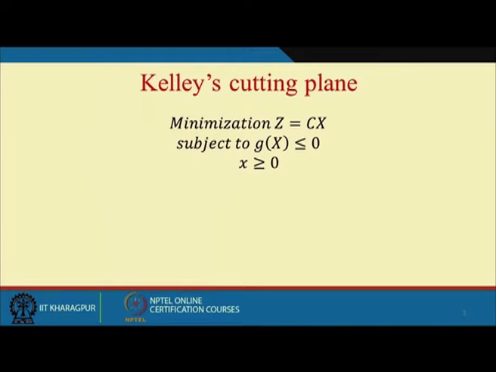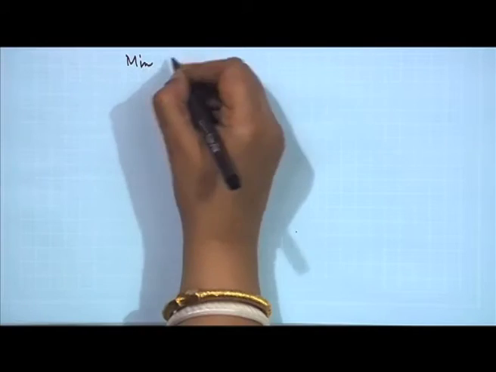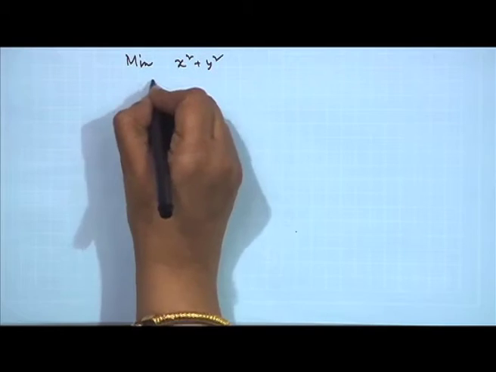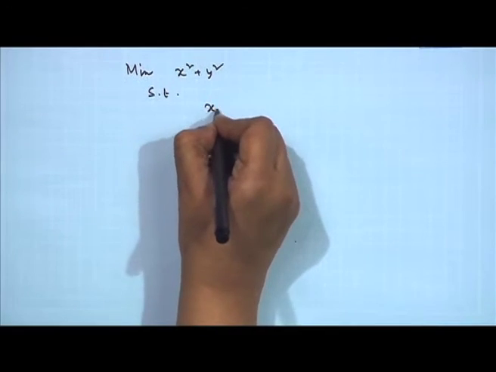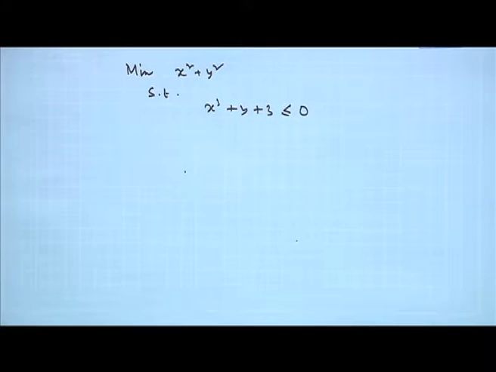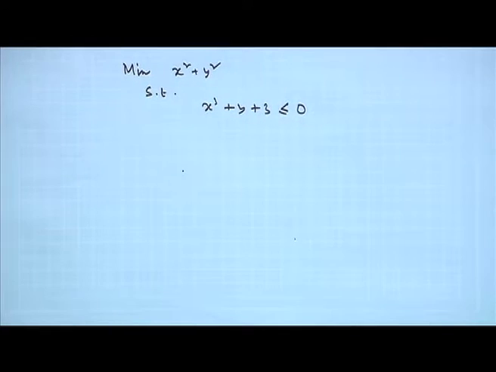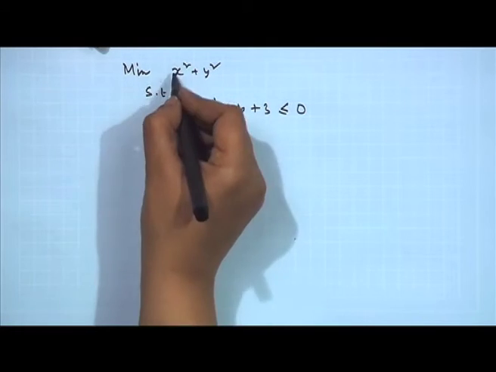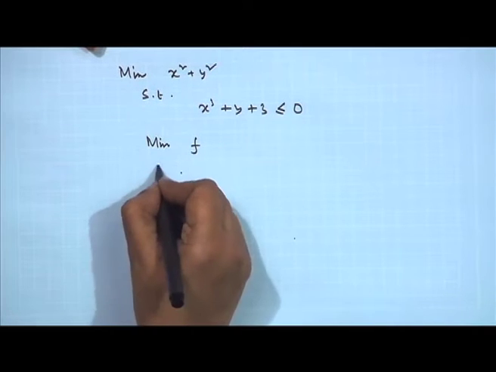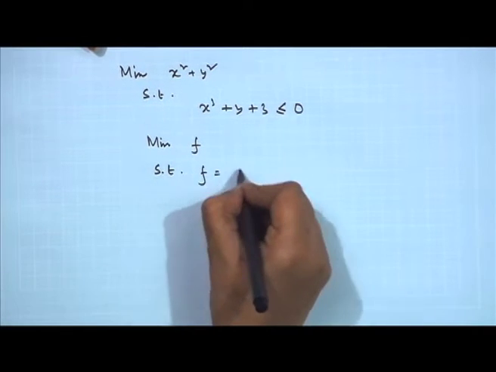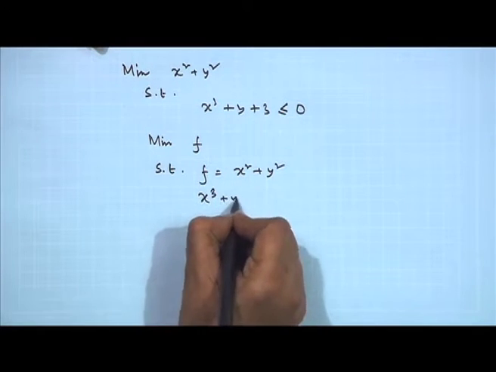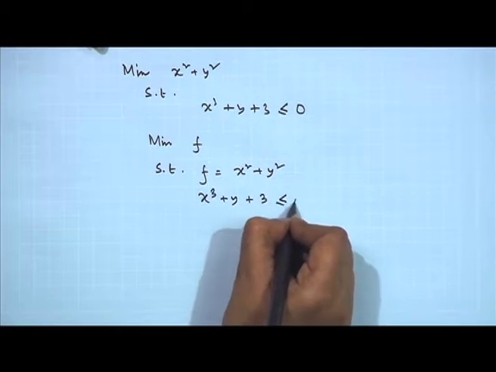Now, if we have a nonlinear objective function, say minimization of x square plus y square subject to x cube plus y plus 3 less than or equal to 0, we can make this one a linear function by considering it this way: minimization of f subject to f equal to x square plus y square and x cube plus y plus 3 less than or equal to 0.